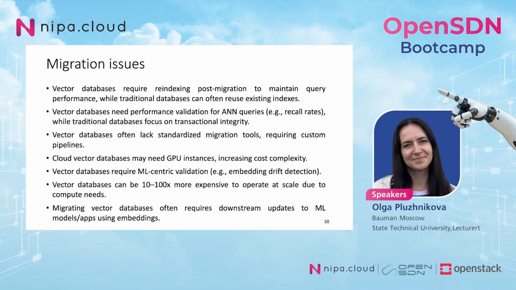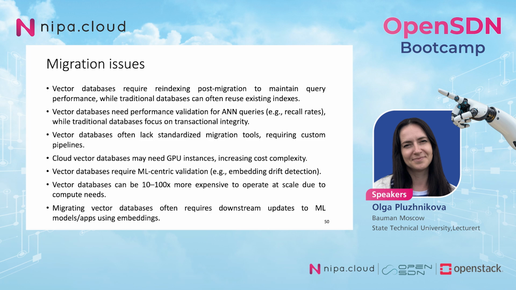Vector databases need performance validation for ANN queries, while traditional databases focus on traditional integrity. Vector databases often lack standardized migration tools, requiring custom pipelines.